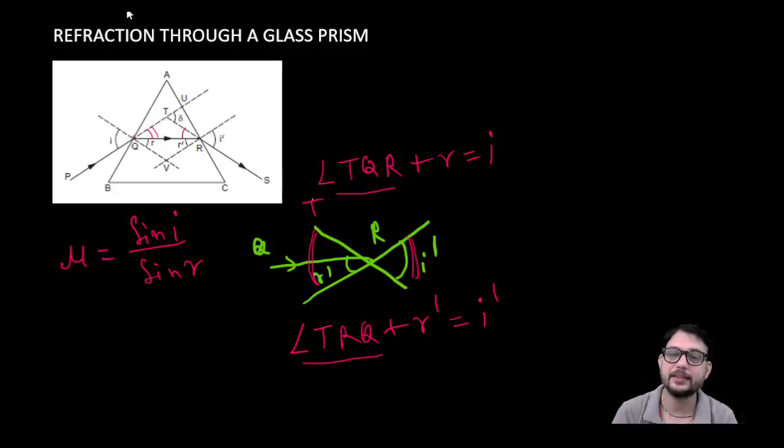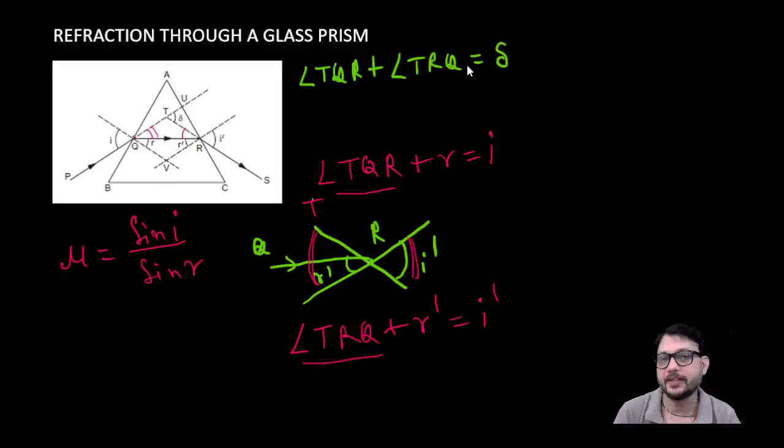We will write that angle TQR plus angle TRQ must be the angle of deviation. There is no doubt, I suppose, because the exterior angle is always equal to the sum of the two interior opposite angles.